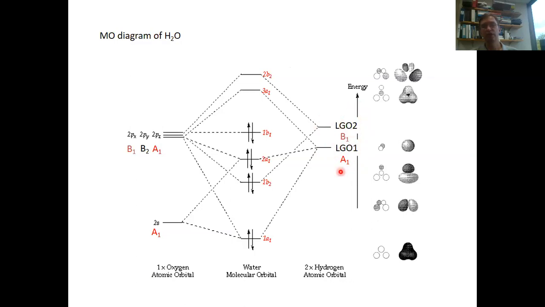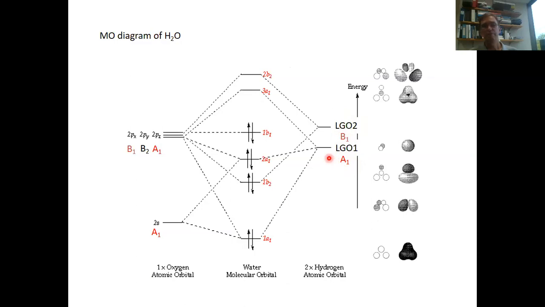The first one represents 2 1s orbitals of the same algebraic sign combined, while LGO2 represents the combination of the 2 1s orbitals having opposite algebraic sign. So that creates a node, and that means that the LGO2 has a somewhat higher energy than the LGO1.